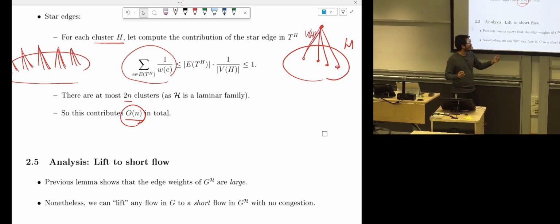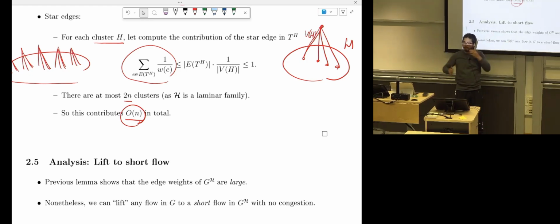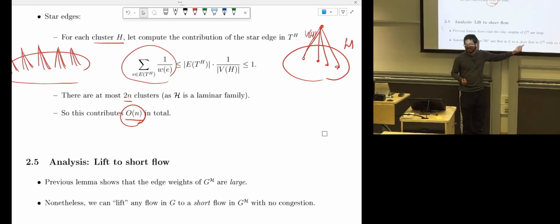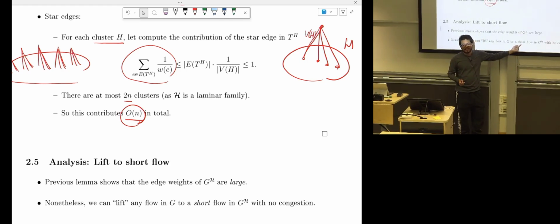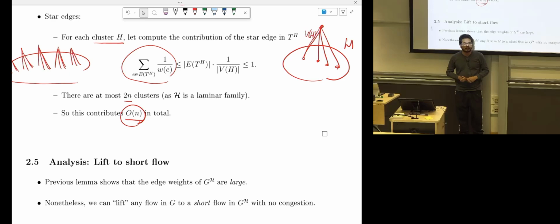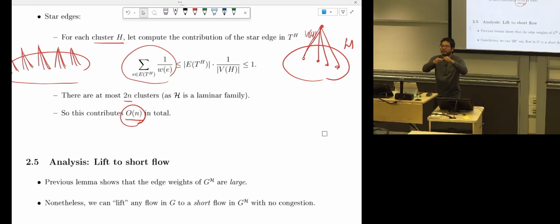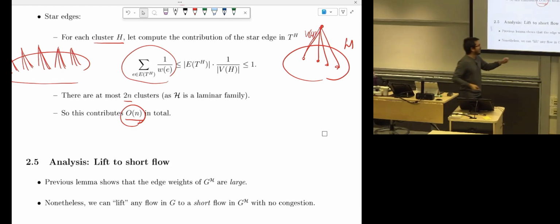We're going to say that given any flow in the original graph, we can always lift it to the shortcut graph so that you get a flow that is short and has the same congestion. It doesn't increase congestion.